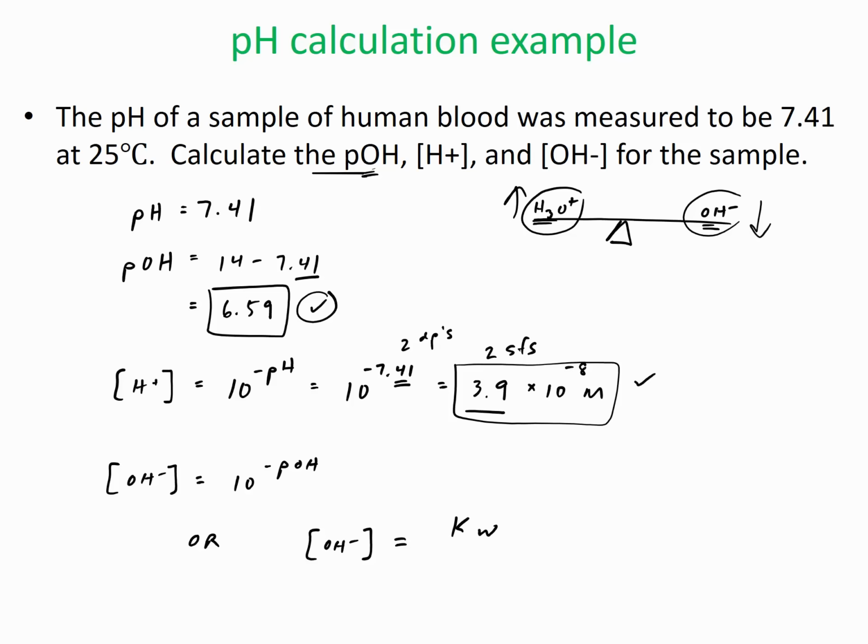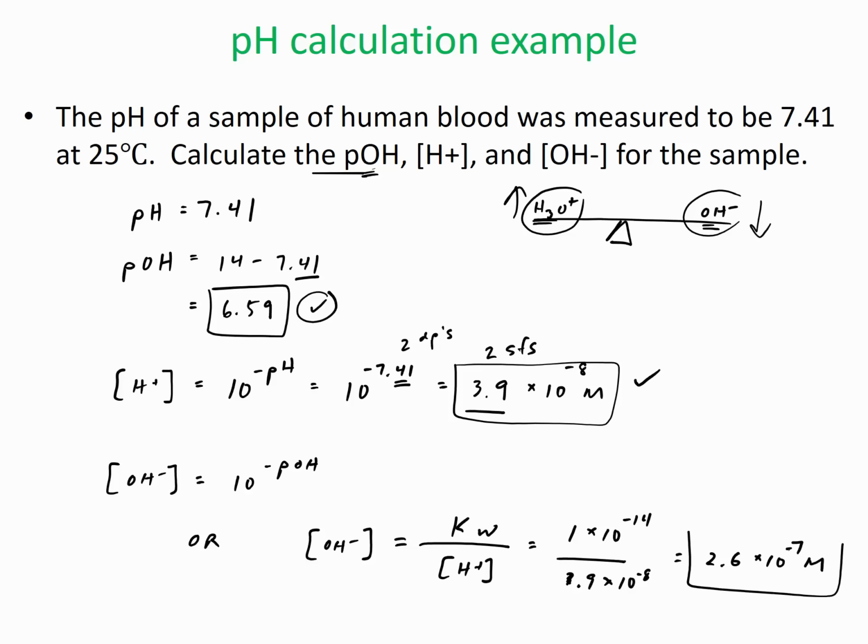You could go KW over the H plus since we solved H plus just now. So it doesn't really matter. And let's see, where was my H plus? 3.9 times 10 to the negative 8th. For this I get 2.6 times 10 to the negative 7th molar.